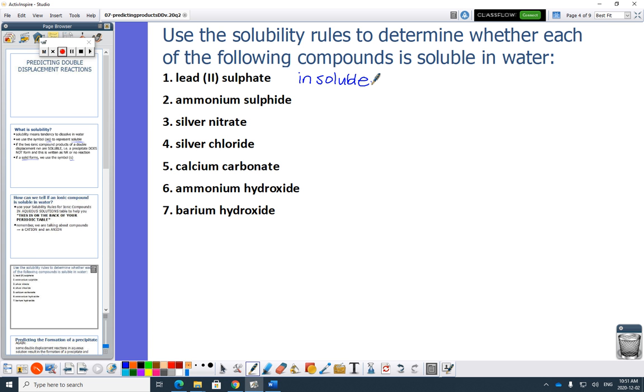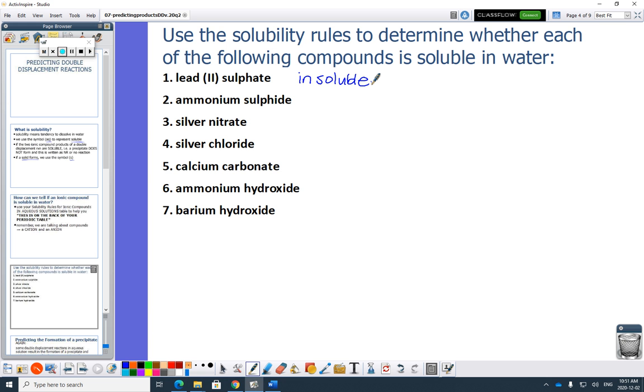So sulfide happens to be row 10. So actually there's 2 choices here, right? So ammonium and then sulfide, but maybe you're going to train yourself to always do the anion first, which is fine. But if you look at row number 2, it says anything plus ammonium is soluble, okay?